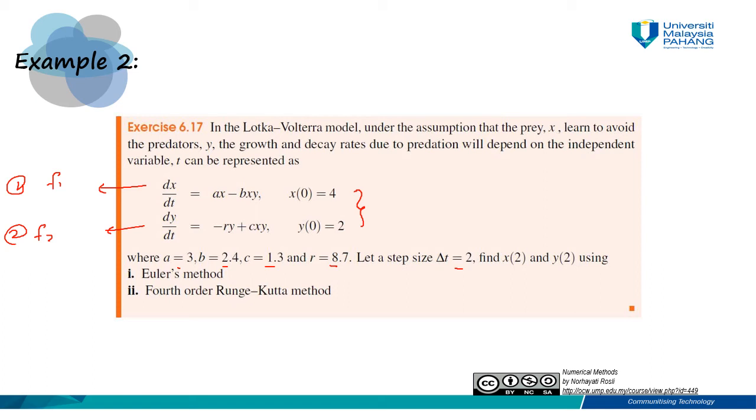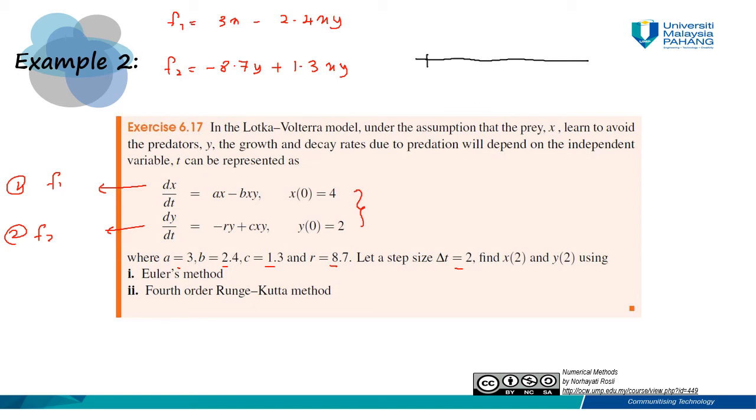Let's substitute all the information that we have. F1 is equal to 3x minus 2.4xy, and then F2 we have minus 8.7y plus 1.3xy. Then let's sketch our timeline. This is our timeline.